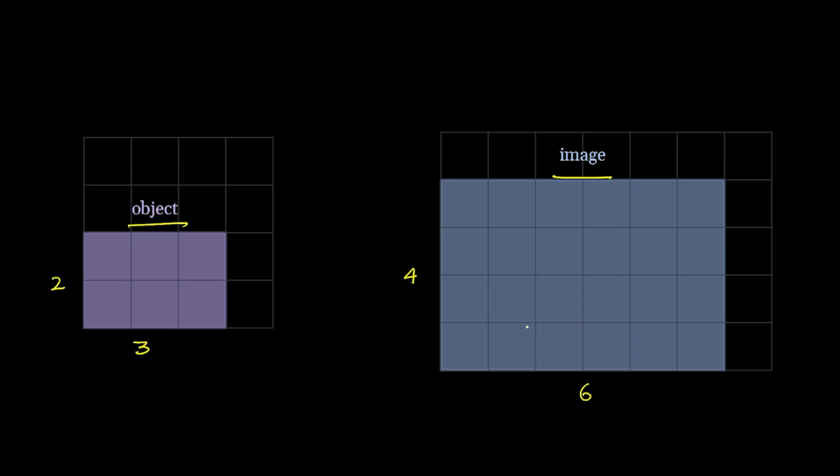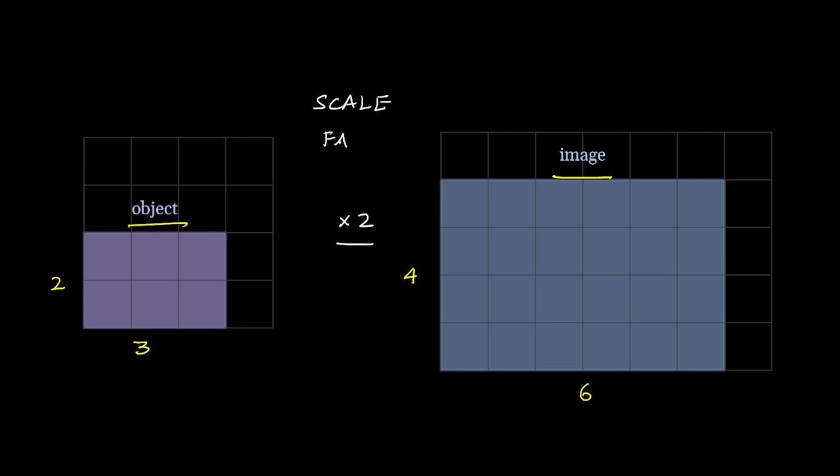Every length on the image is exactly twice the matching length on the object, because every length has been multiplied by 2. So 3 multiplied by 2 gives us 6, and 2 multiplied by 2 gives us 4. So here we see that this number 2 is the scale factor.